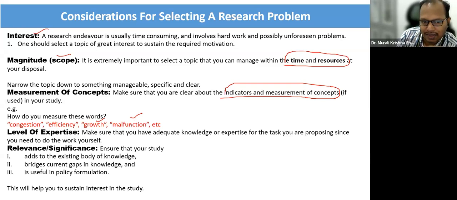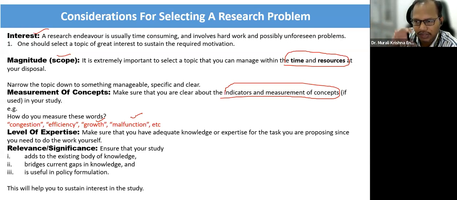Can I improve the method? Can I improve the efficiency of the program or not? Can I detect any error or not? Those kinds of things will be there when we are finding a research topic, and once you are going through it, you need to keep these things in mind.